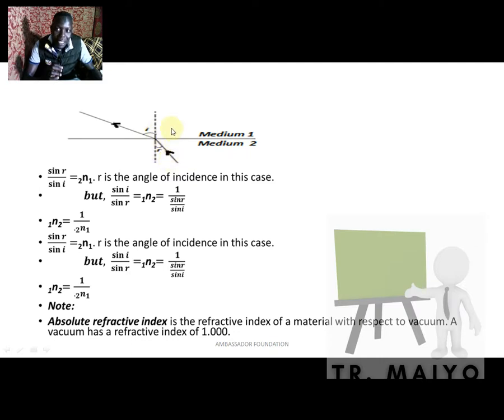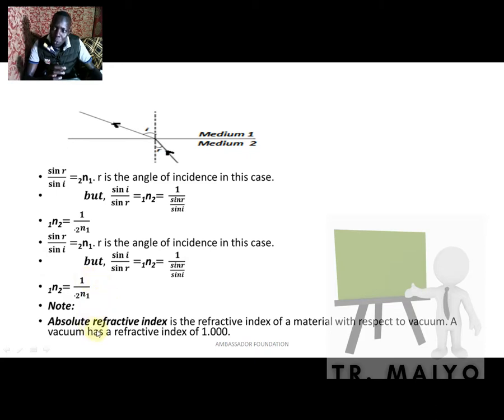It is the inverse of the other one. If you get the refractive index of light traveling from medium 1 to medium 2 by having sine i over sine r, if you want to get the opposite, you simply do the reciprocal. You don't have to do a lot of things. You simply do the reciprocal as shown in this particular part.